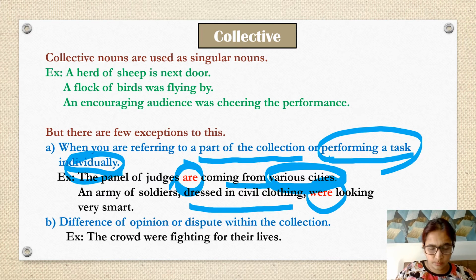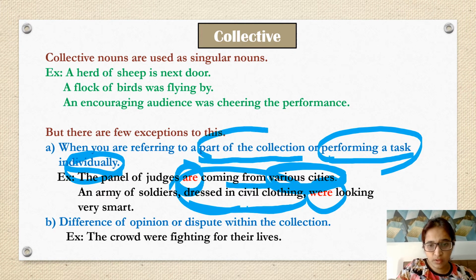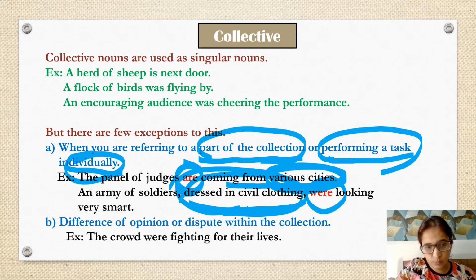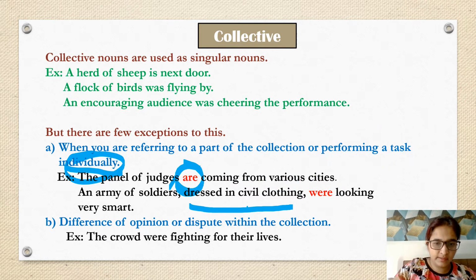Now, in the next case, when we say an army of soldiers dressed in civil clothing, we are referring to a part of the collection, and since we are referring to the part of the collection, we use the plural form here, which is were looking very smart.